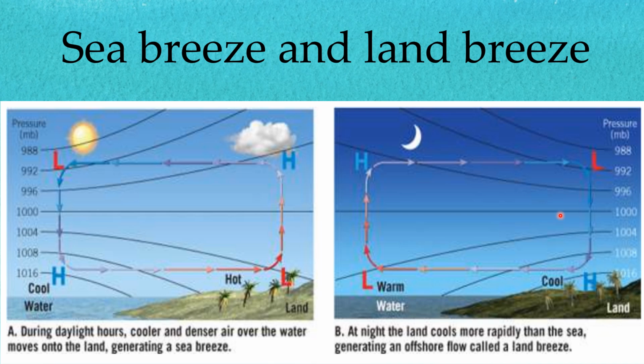So the land is, for example, here in the first picture, the sea breeze picture, the area of high pressure. Because of the difference in pressure, the air aloft here blows away from the land toward the water area, which is the area of low pressure.